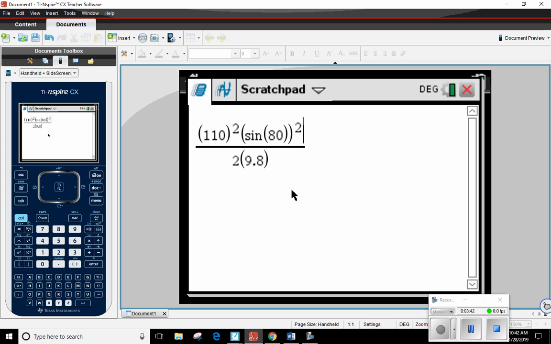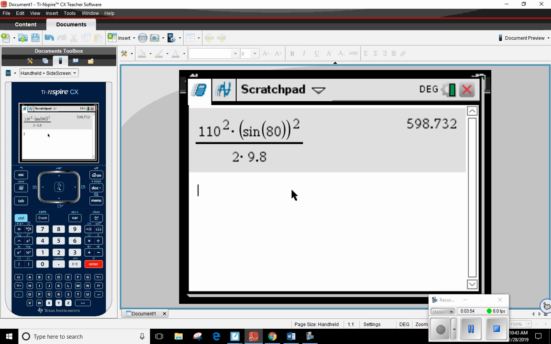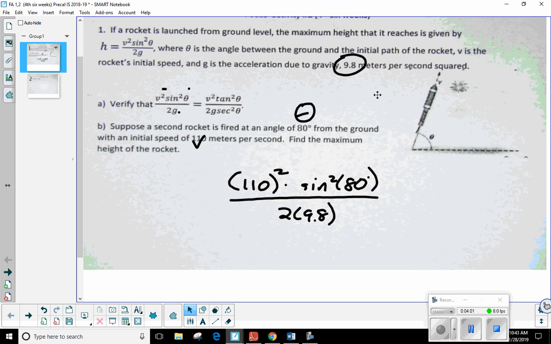Okay. So what's the maximum height of the rocket under these circumstances? What should I be getting? What's that? 598.7. Perfect. Okay, meters. So about 598.7 meters.